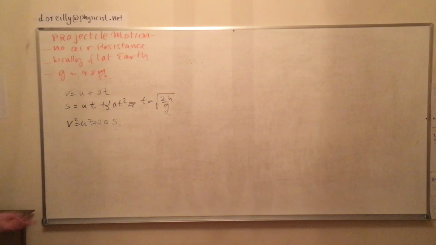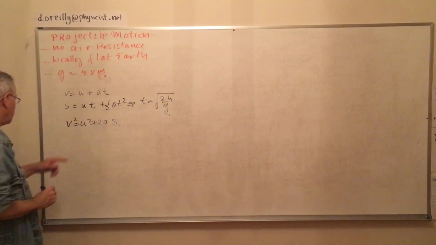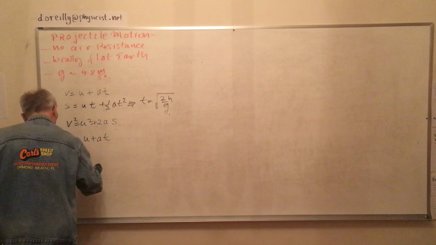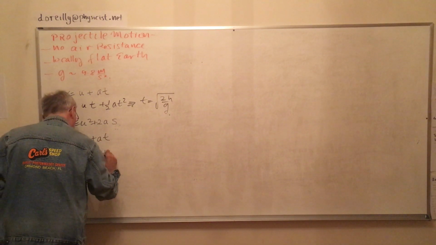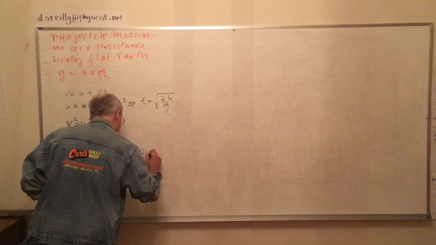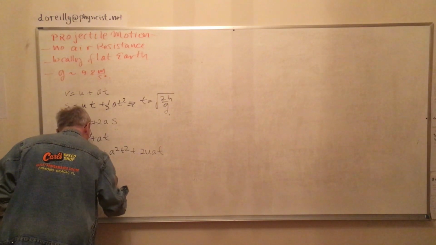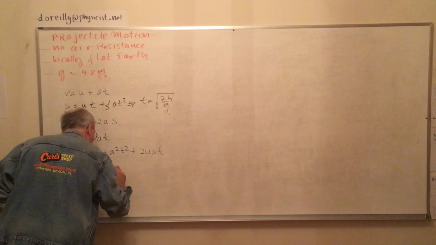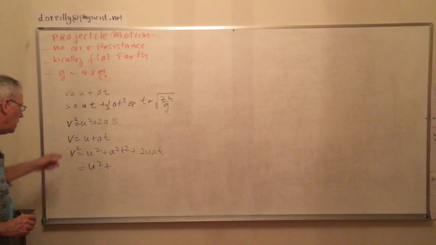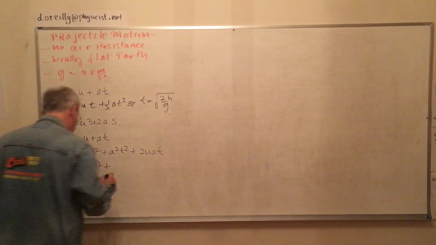Let's look at how high should something go. Actually, maybe we should derive this one. Now, I just square this definition. This comes from the definition of acceleration.